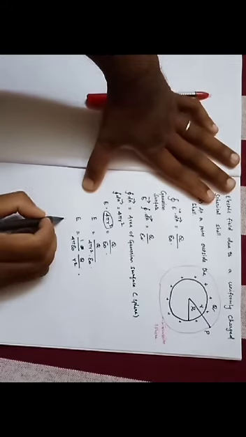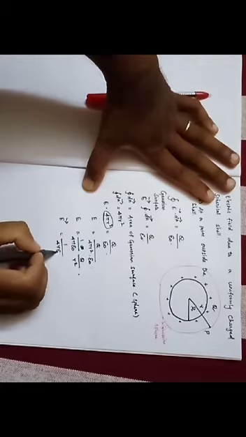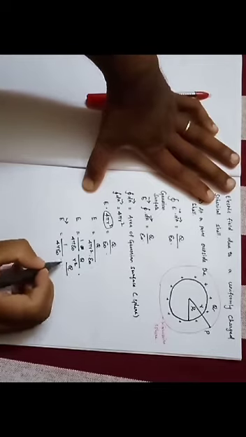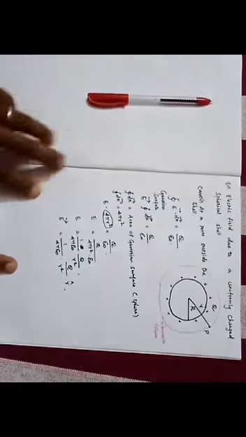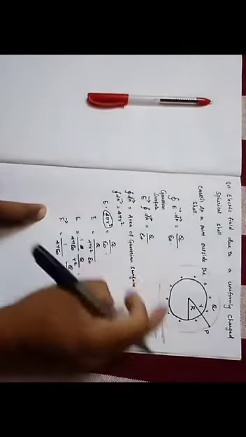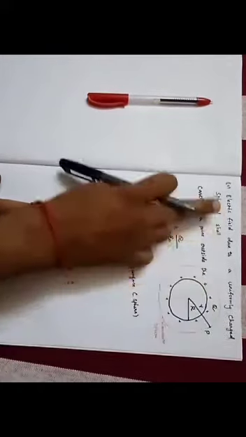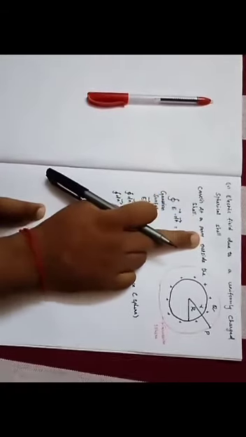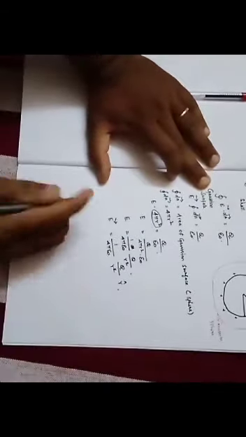In vector form, E vector equals 1 divided by 4 pi epsilon naught times Q divided by r square r cap. This is the electric field due to a uniformly charged spherical shell at a point outside the shell.